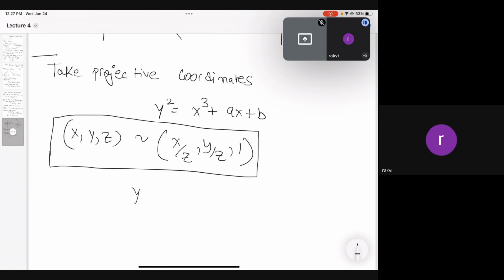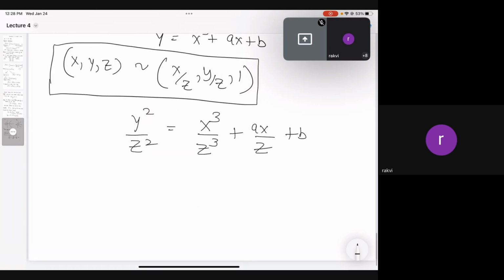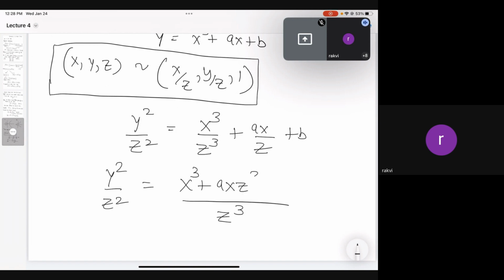So this y that we see is really y over z. Let me write down that this is x cube over z cube plus ax over z plus b. Now let me simplify this. So y square over z square equals x cube over z cube plus ax over z plus b. And now if I cancel z's from the denominator, I'll get zy square equal to x cube plus ax z square plus bz cube.